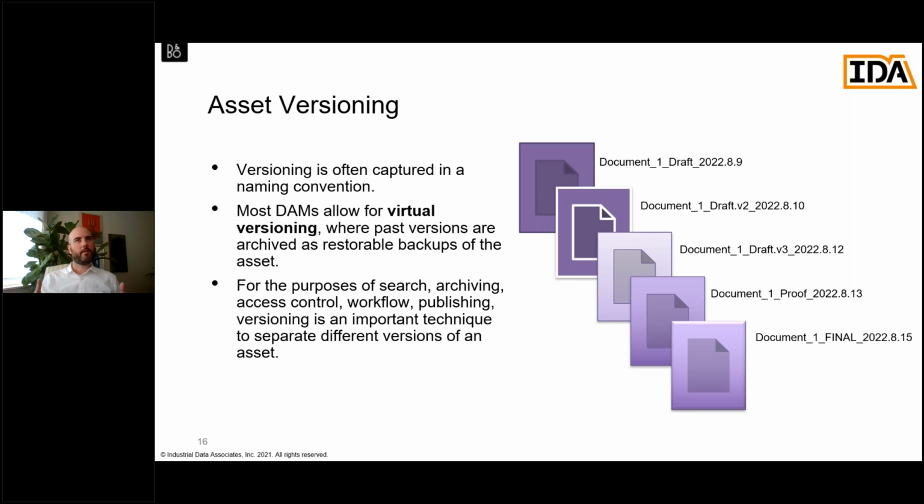You may have experienced this with SharePoint or with some of the online versions of Microsoft Office programs, where you can restore to a previous version. Even though you save the document, it has those previous versions which you can go back to. So virtual versioning is a key functionality that most sophisticated DAMs now support. Versioning is also really important in terms of workflow and publishing assets.